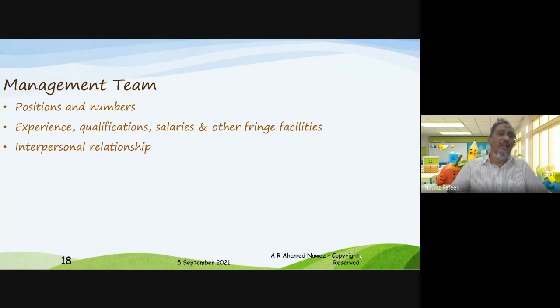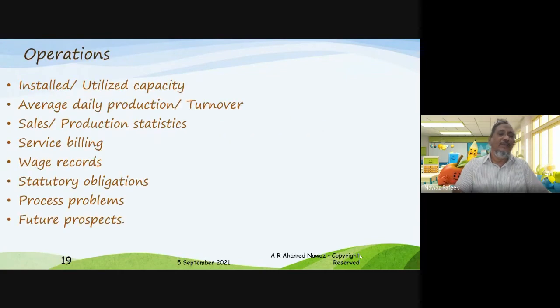They are all at the official level only, not at a personal or relationship level. That affects the team spirit, and the quality of the management gets affected. So whenever you go for inspection, carefully inquire and question the top people, and try to get that information.